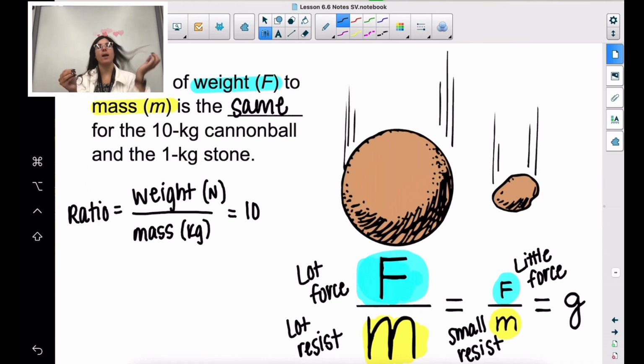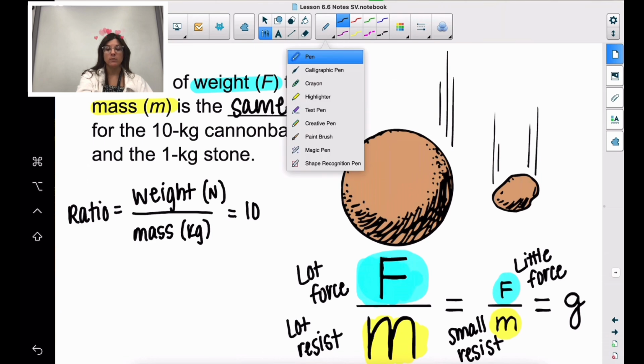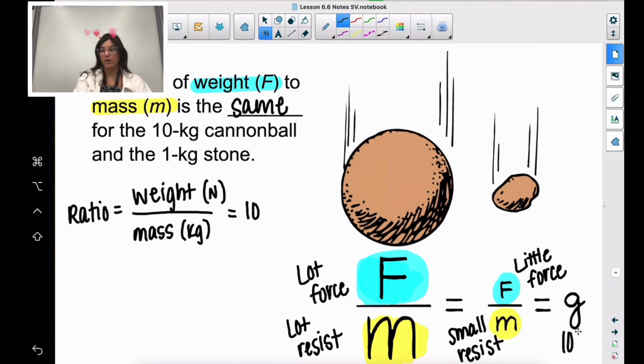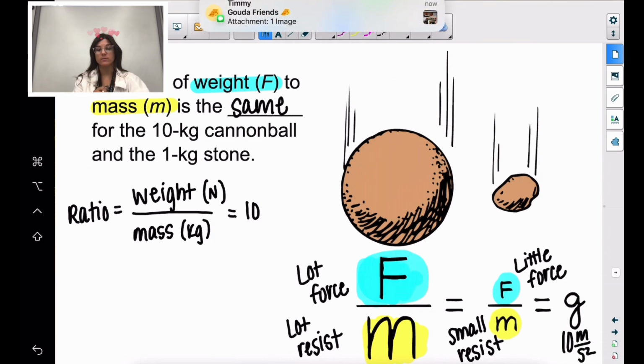It has a small mass, and therefore is very easy to get it to change its motion. So easy to move means I only need a little bit of force. Whereas for the cannonball, difficult to move means I need a lot of force. But the ratio of force to resistance is always going to be equal to 10 meters per second squared, which is what this lowercase g stands for.